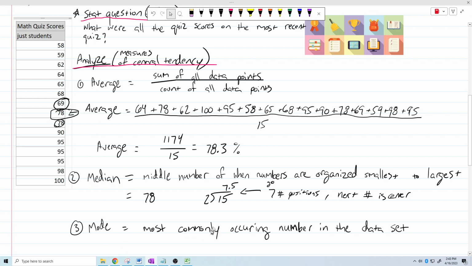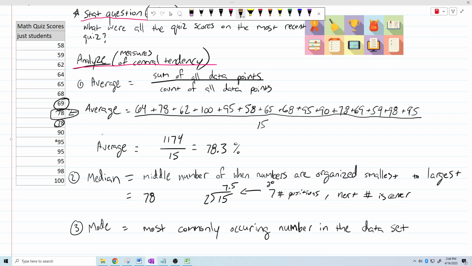Now there really is no calculating to be done with mode. Mode is simply whichever one appears the most often. So, with that said, I'm looking here at my data set of numbers. I'm looking through, and I see a particular number happens to be repeating.